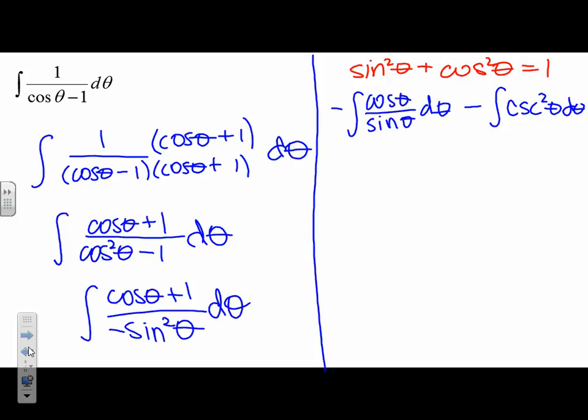How, oops, I forgot my squared here. How are we going to go about this one right here? u equals sine of theta. du is cosine theta d theta. So this is negative integral of 1 over u squared du.